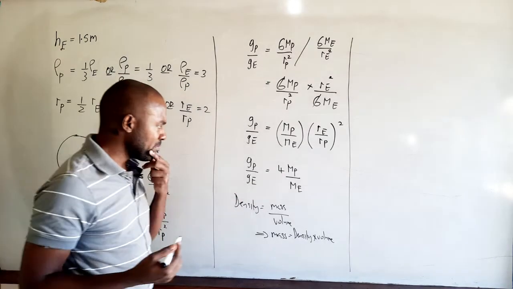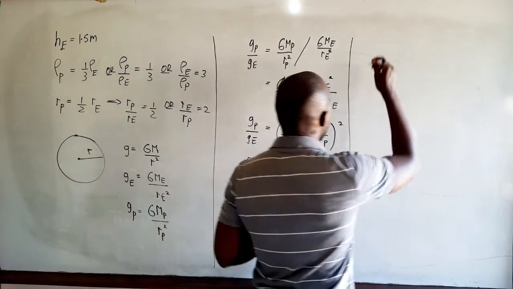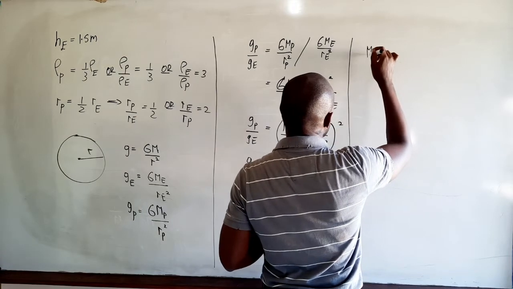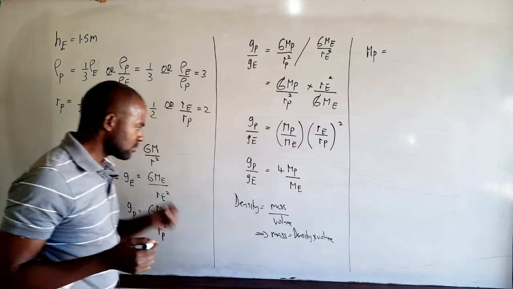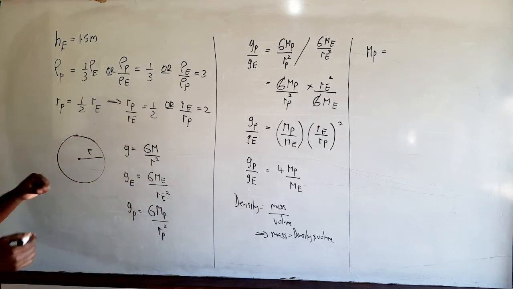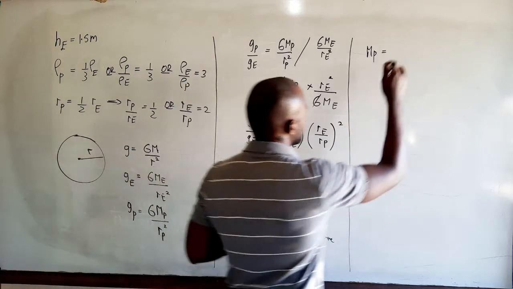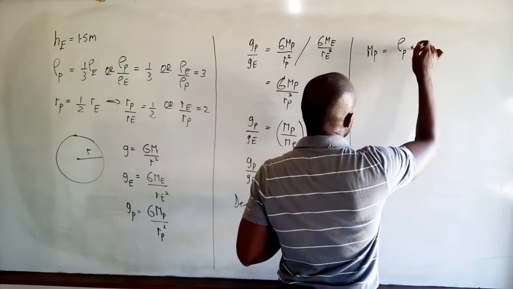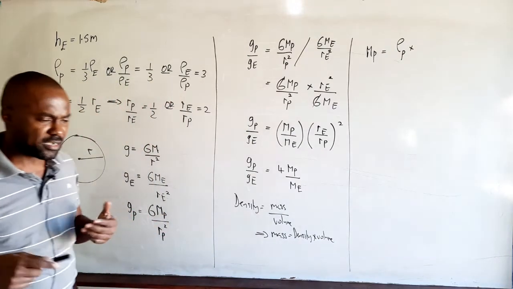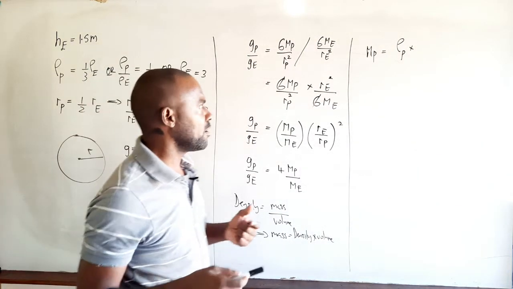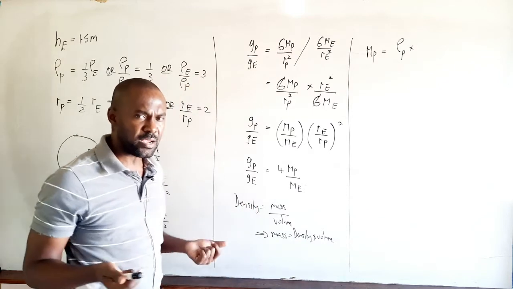So let's look at the mass of the planet P. So the mass of planet P would be equal to its density, which of course would be rho P, times its volume. So remember, we said that the planets are perfect spheres, and therefore the volume of a sphere is 4/3 pi r cubed.